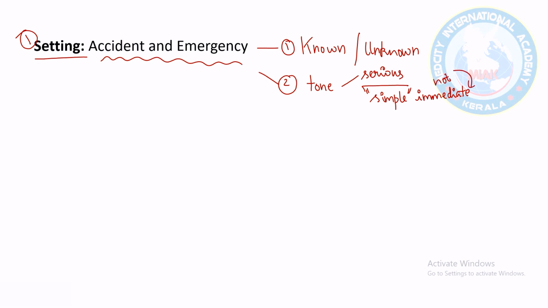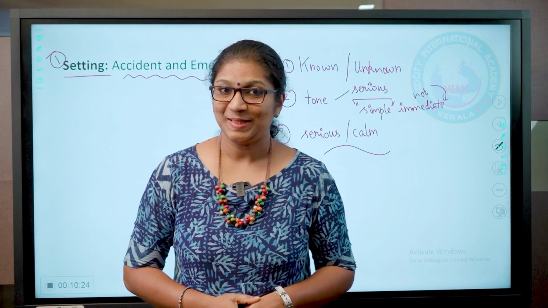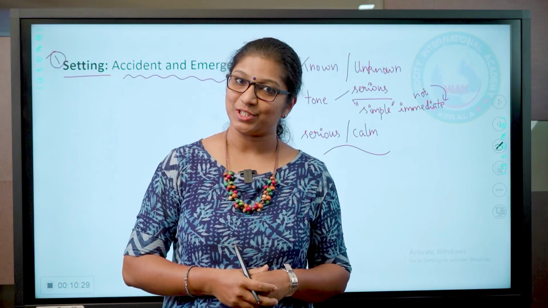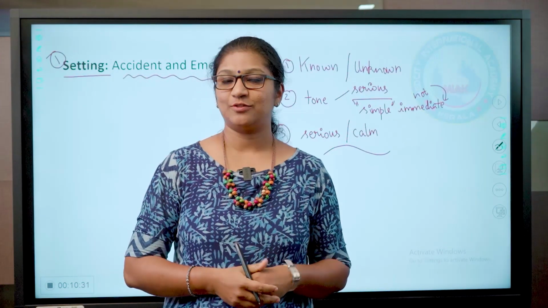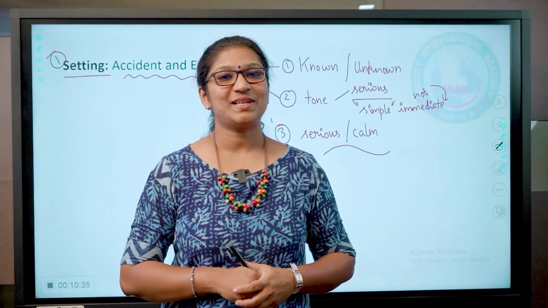It could also help you decide whether you need to be very serious in the way you talk. Do you need to be calm? All these you'll get an idea just by looking at the setting. Well, so you get to know a lot of different kinds of information from the setting itself. So do not ignore the setting. What after you read the setting?